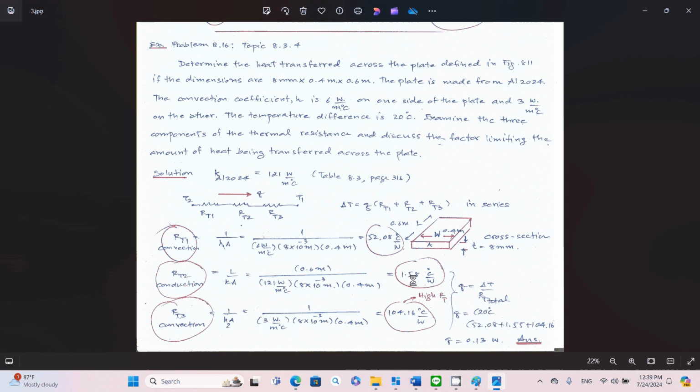So you have very small RT compared to RT1, that's the heat transfer by convection, and RT3, heat transfer by convection as well. So that limits the amount of heat to transfer from the innermost system to the outermost system. That's the 0.131.